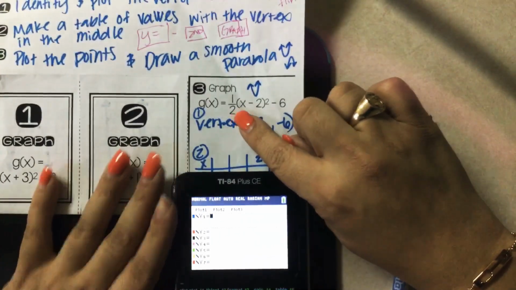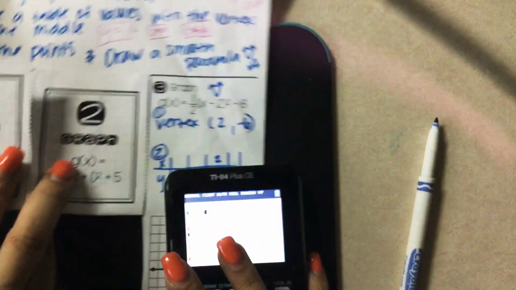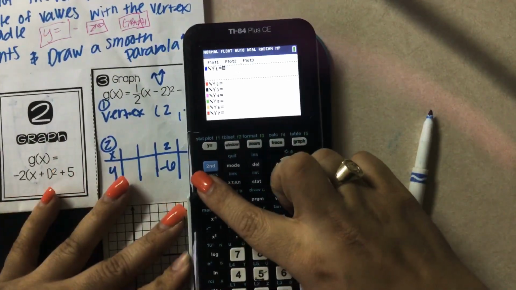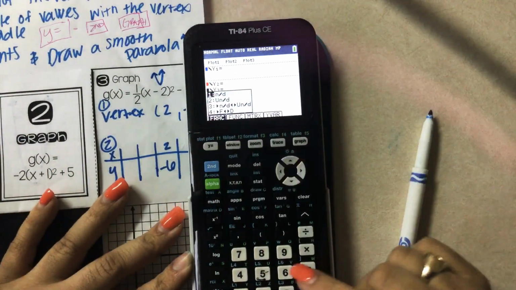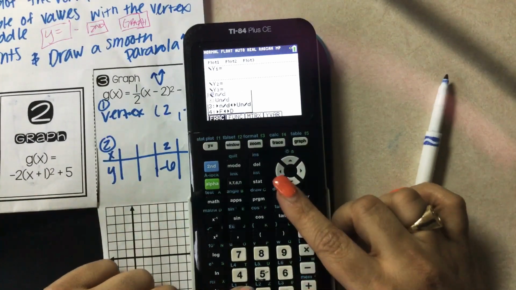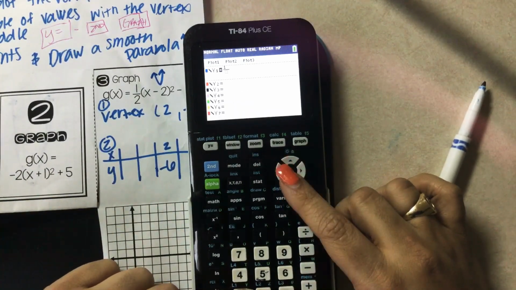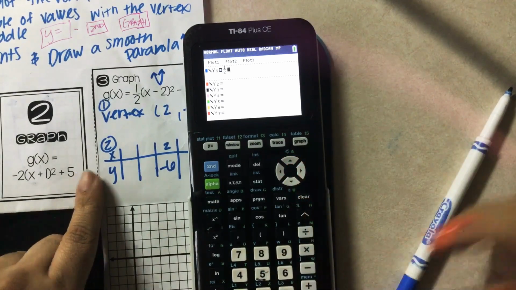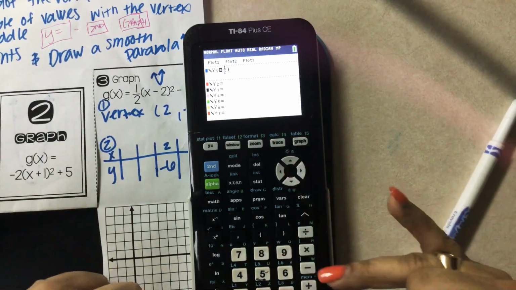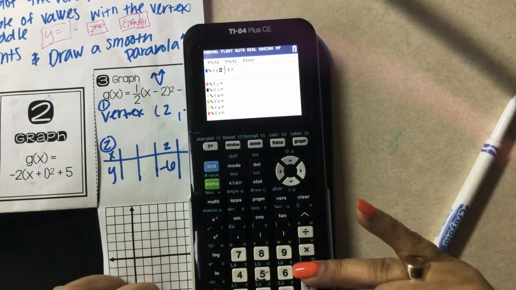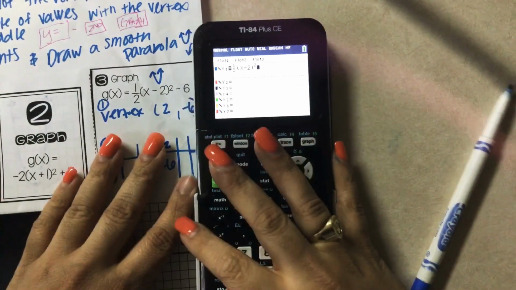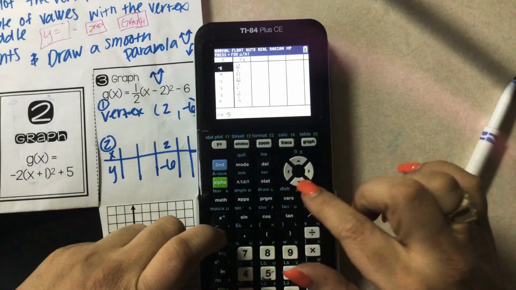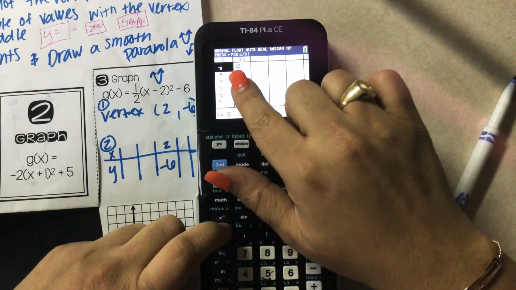You'll want to recall that when we're plugging in for a fraction right here, we're going to do alpha y equals 1 over 2. And when you do this, you have to click the right arrow, or else it's going to get stuck. And then you can continue like normal. Going to my table, and oh my goodness, look at those.